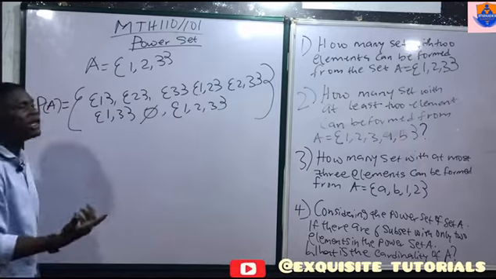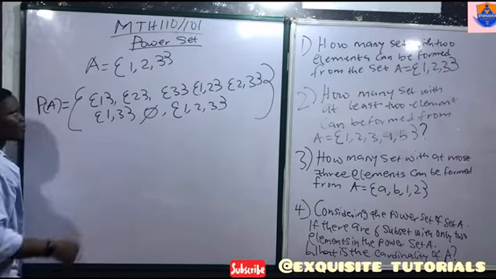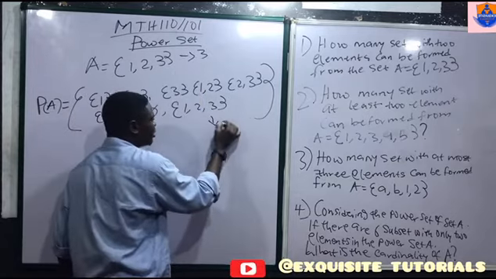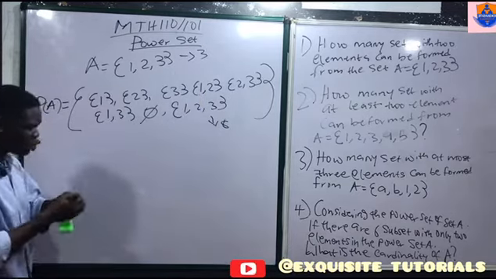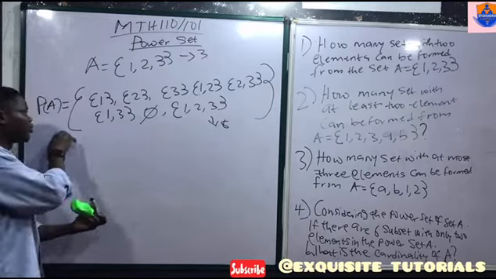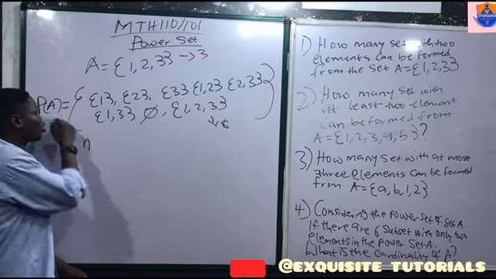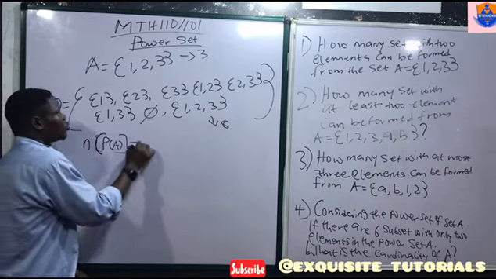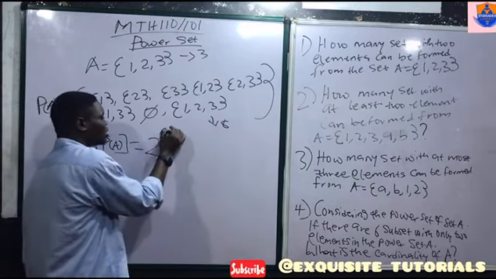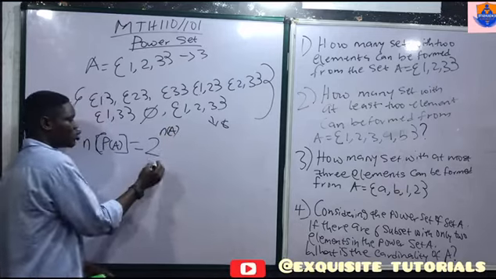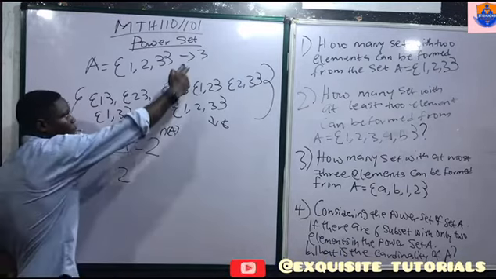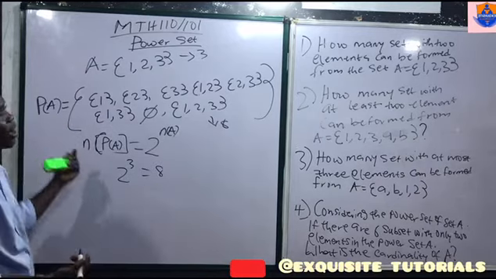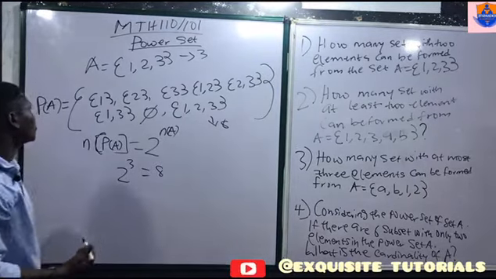We have 8 elements in the power set of A, and we have 3 elements in A. To get the number of elements in the power set of A, that means the cardinality of the power set of A, it is 2 raised to power the cardinality of A. That is to say, it is 2 raised to power 3. That is how we get the cardinality of the power set of a certain set A.